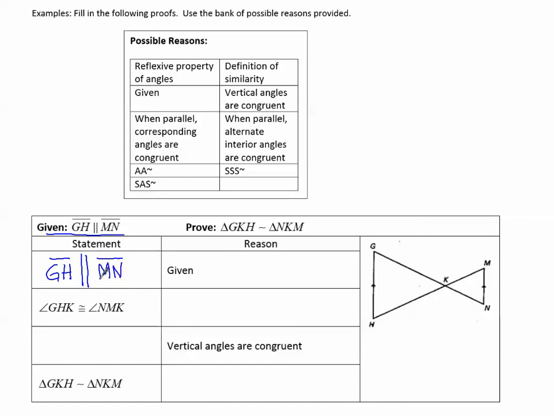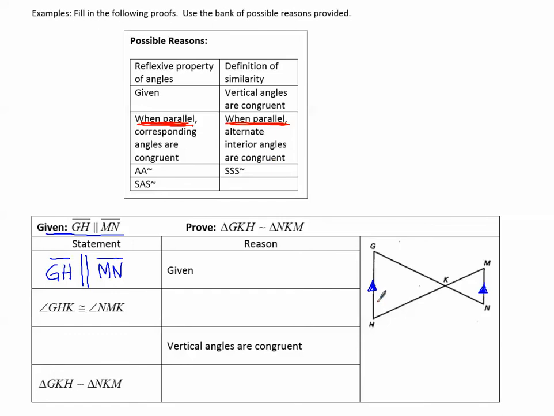Let's make sure that's shown in the picture. Here's GH, I see the arrow. I'm just going to highlight that a little bit more, and MN. So the arrows remind us that these are parallel. Remember that when we have parallel lines, we can use one of these parallel reasons. When the lines are parallel, either corresponding angles are congruent or alternate interior angles are congruent.